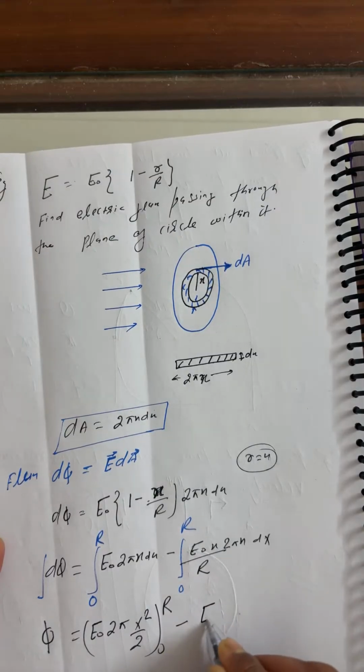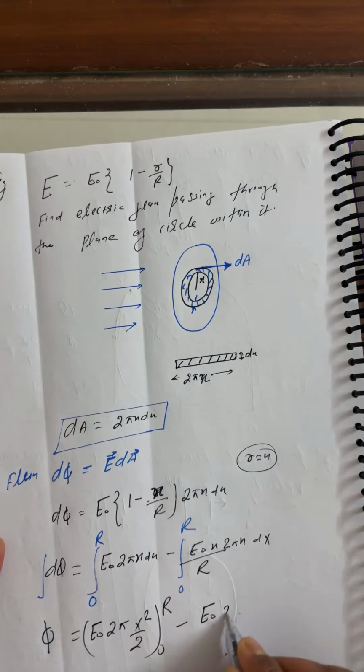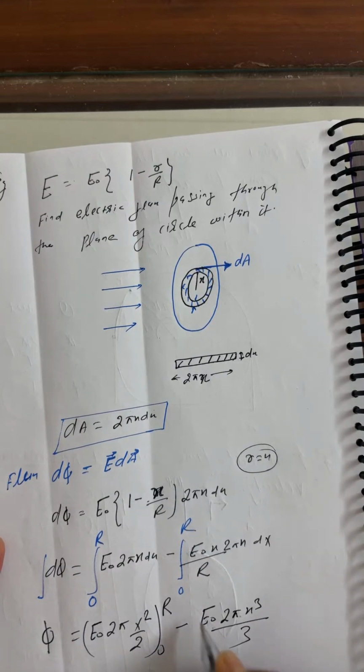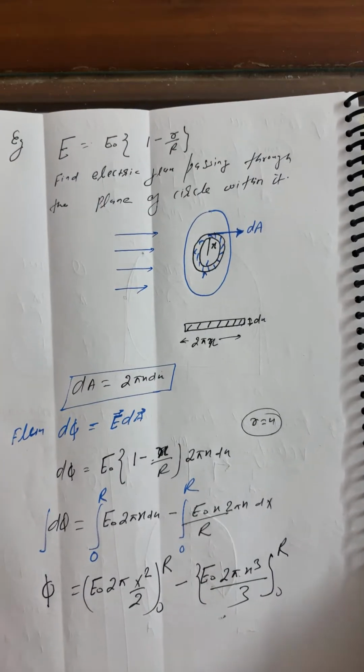Minus, you can see, E naught into 2 pi x, so you can write 2 pi x cube by 3. The limit remains the same, 0 to r. This is the last step for this question.